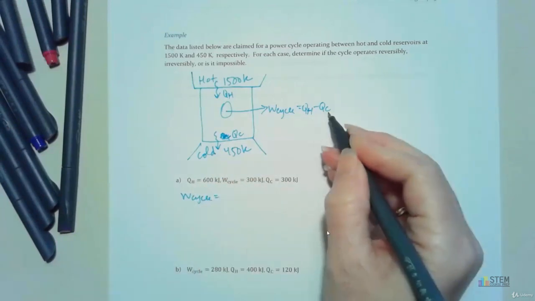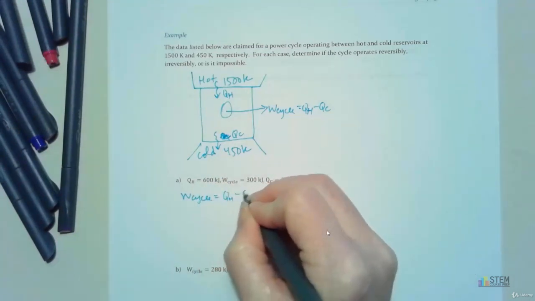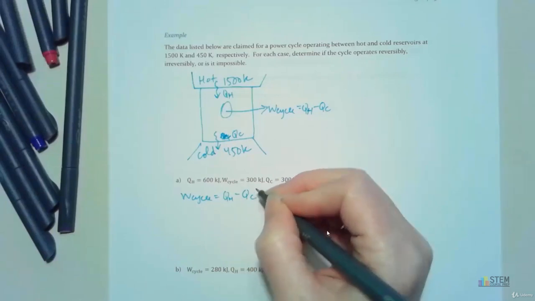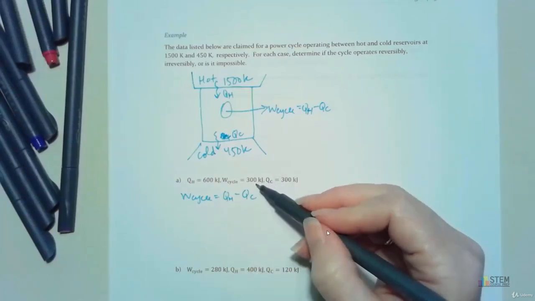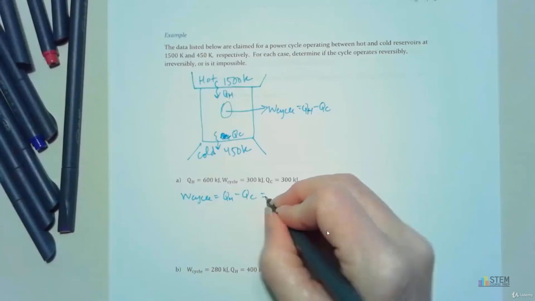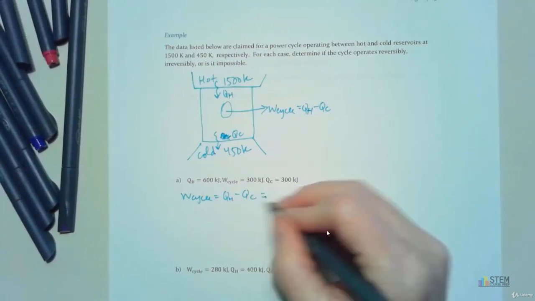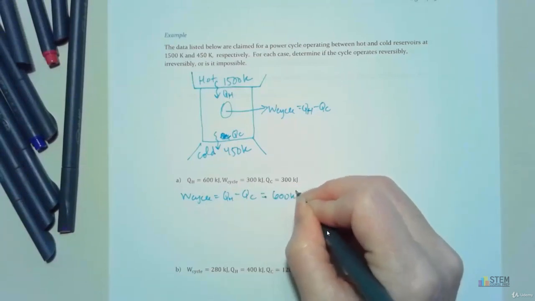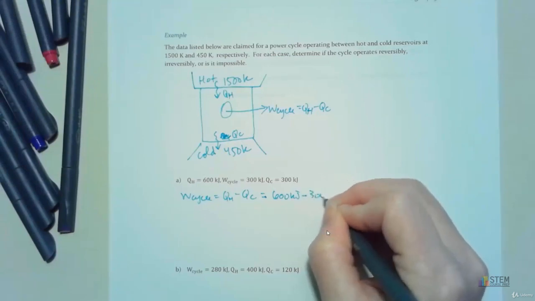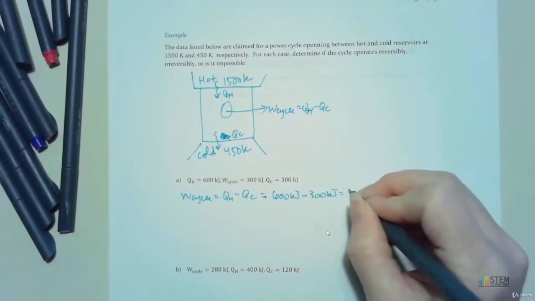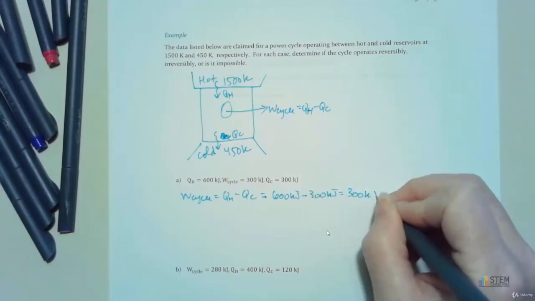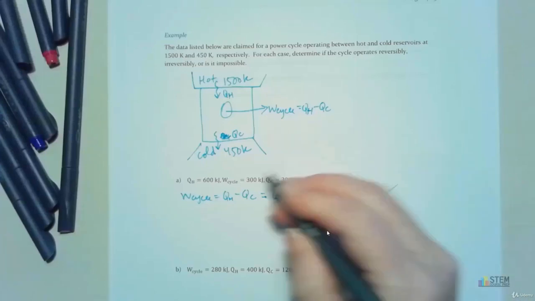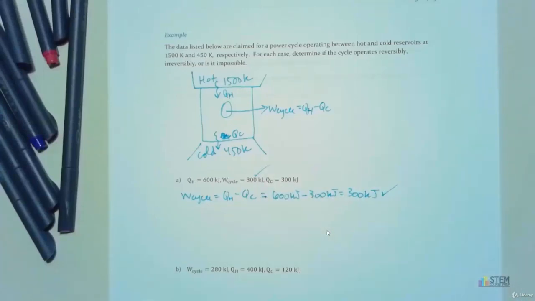Work of the cycle is QH minus QC. Basically we want to double check that what they're giving us is actually the truth. So we're going to have 600 minus the 300. And that one does indeed check out because that's 300 kilojoules. So this matches that. So that's good.